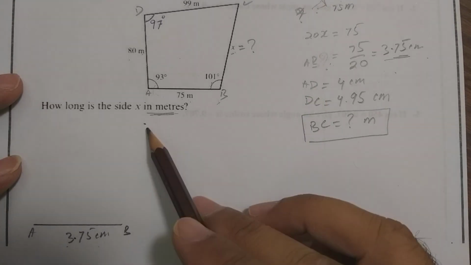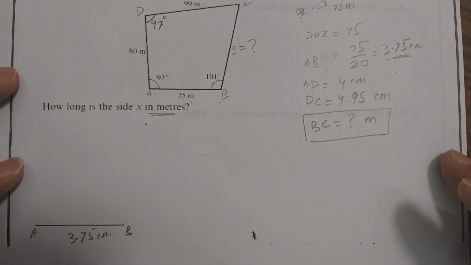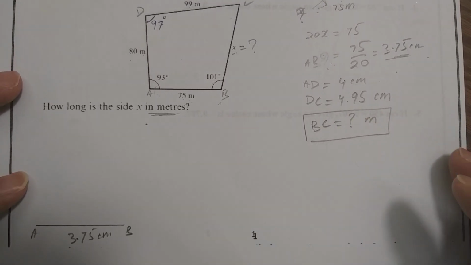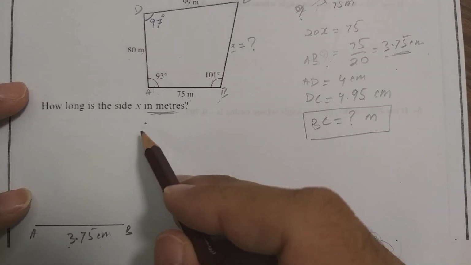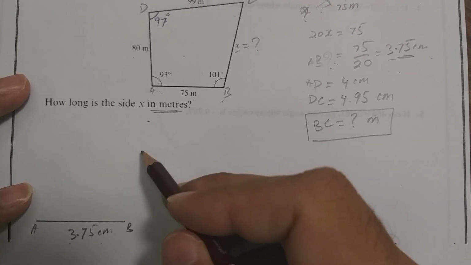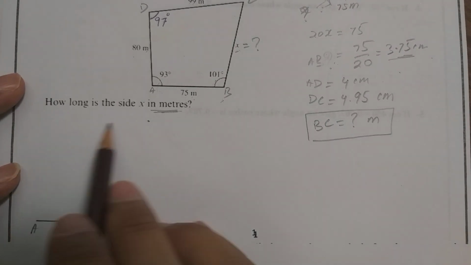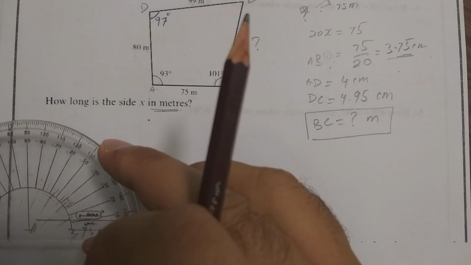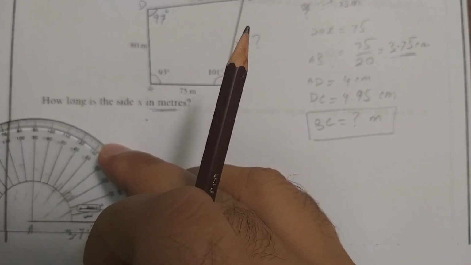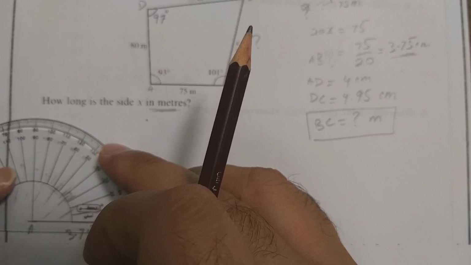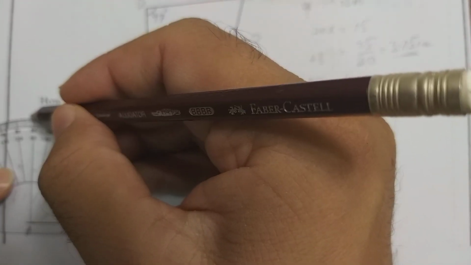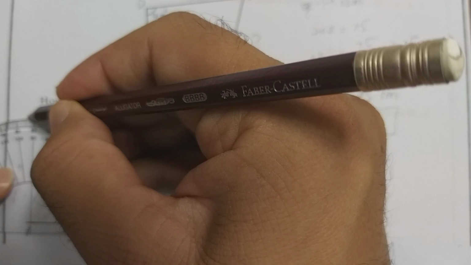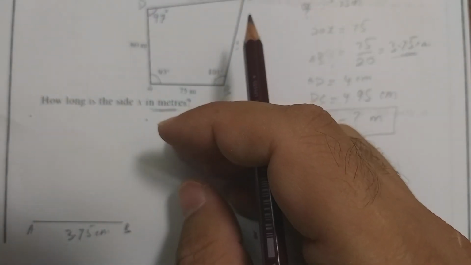We will draw this line at the end because we don't have BC. I just took the point, but we will draw the line at the end because we don't know where it touches on the point. So I'm just going for 93. Draw the 93 angle. This is 90, 1, 2, and this is 3. So 93.